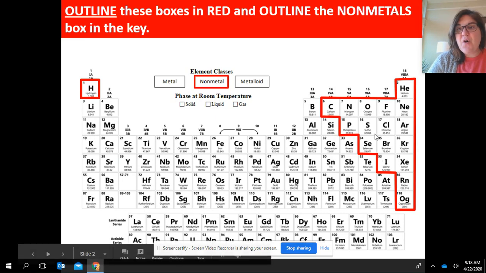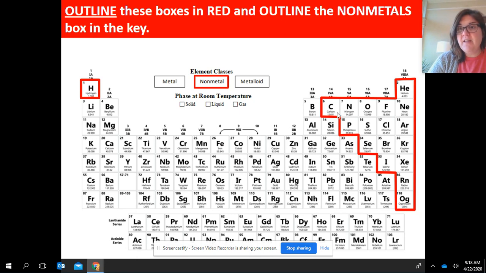Anything to the right of that dark line, that little staircase, those are going to be nonmetals. Remember, these are things like gases. They don't conduct heat and electricity well. They're pretty brittle if they exist as a solid. All of these noble gases are gases.